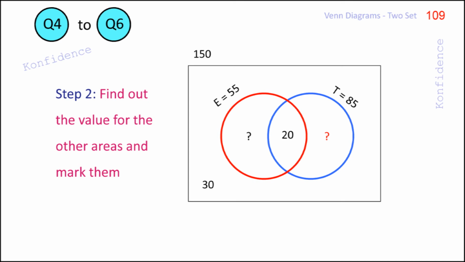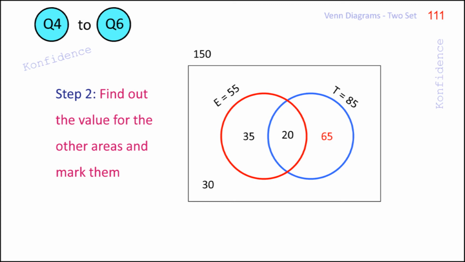From observation, if the red circle representing the English-speaking people has 55 elements and a part of it, which is the set of people who speak both languages, is 20, what will the other set of people who speak only English be? It should be 55 minus 20, that is equal to 35. Similarly, the number of people who speak only Telugu is 85 minus 20, that is equal to 65.